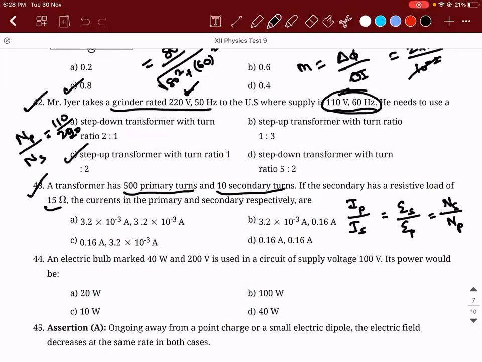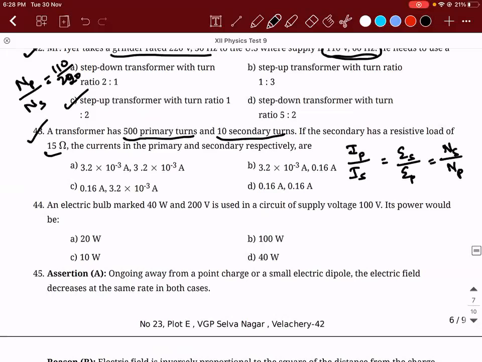So what is the answer for this? N secondary is how much? 10. N primary is 500. Cancel it: 1 divided by 50. So I primary by I secondary should be equal to 1 by 50. So which option is going to give you 1 by 50?